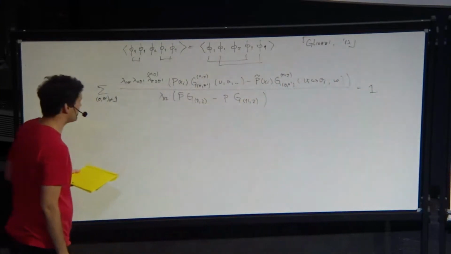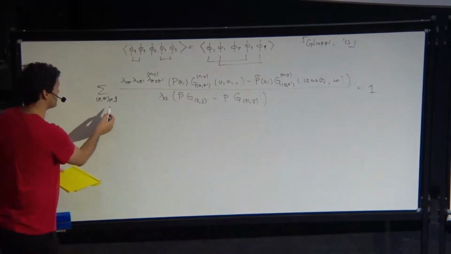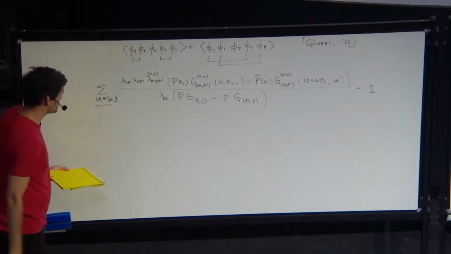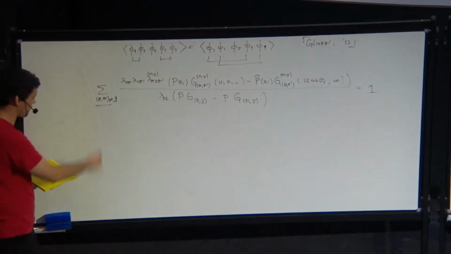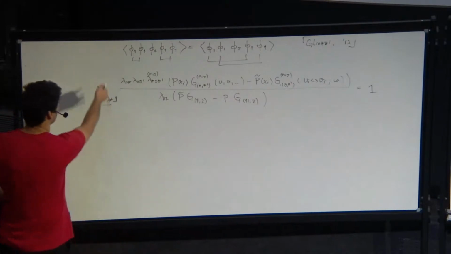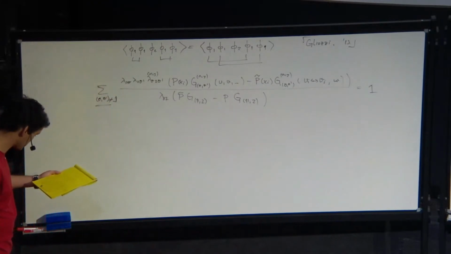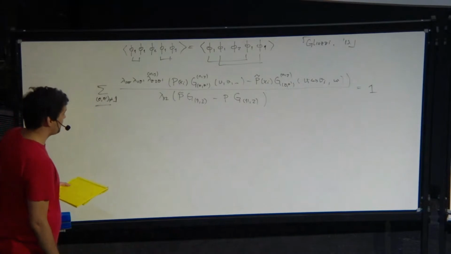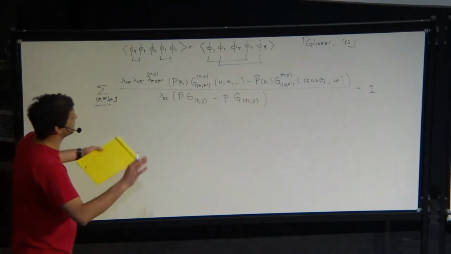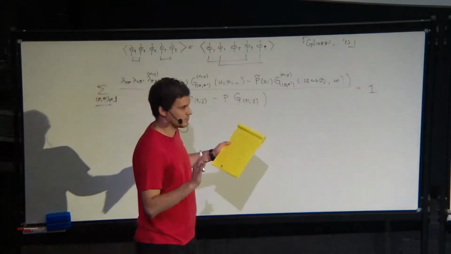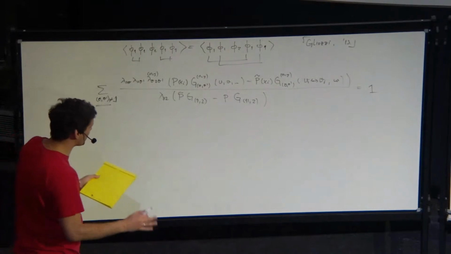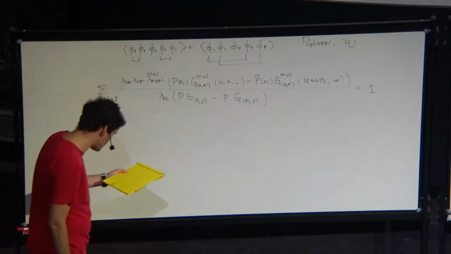And now what you can do is you can truncate this equation. So instead of considering a sum over all pairs of primary operators, you just say I'm going to consider a finite number of primary operators here. And then the other thing that we do is we fix all the CFT data that we can get from the 4-point function, so that we minimize the number of variables in our 5-point computation.